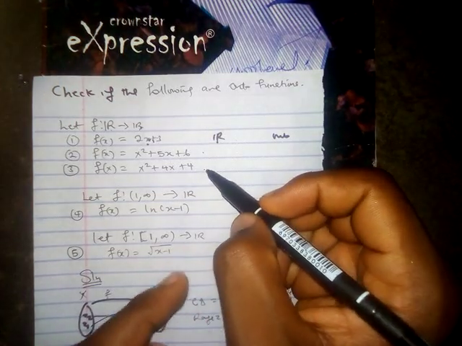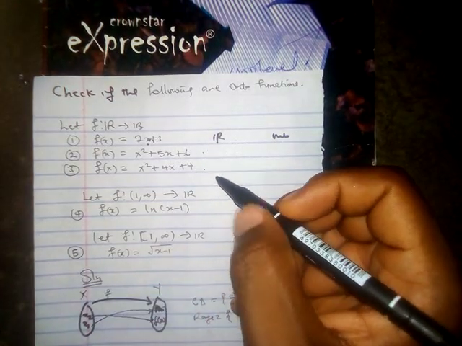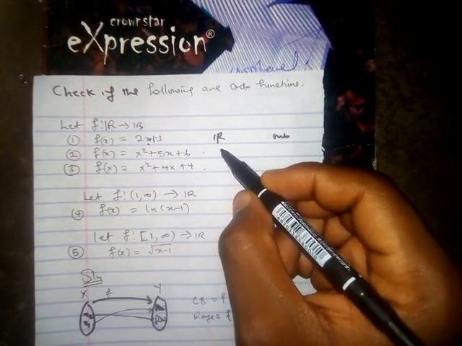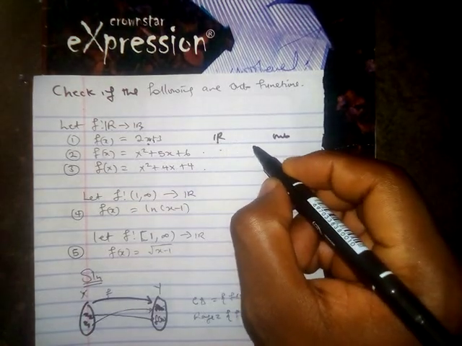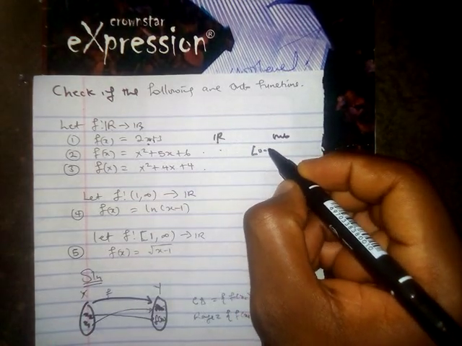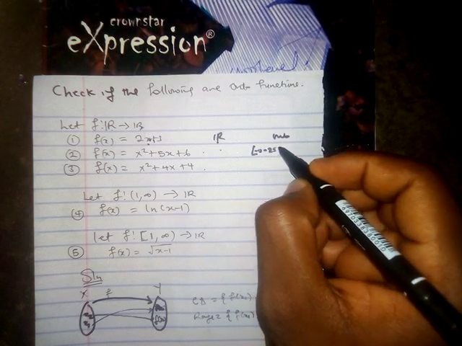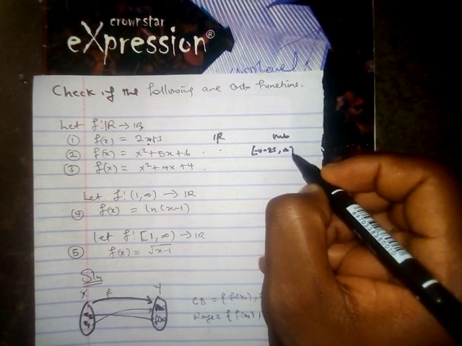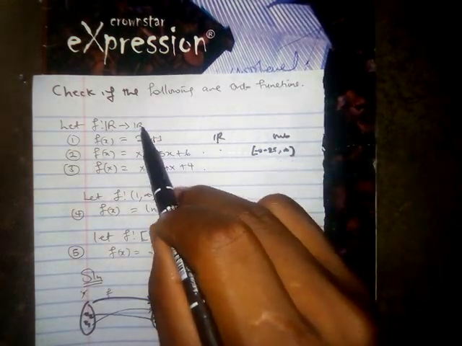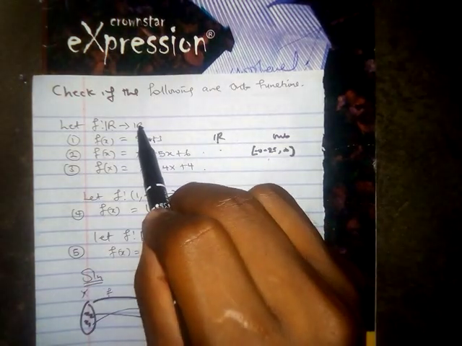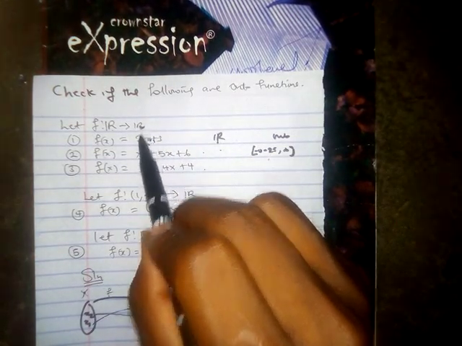Okay, now we move over to this one. Now we want to check if this function is onto. From our previous video, the range for this function is minus 0.25 to what? Infinity, which is not all real numbers. It's not the same as the range and the codomain.